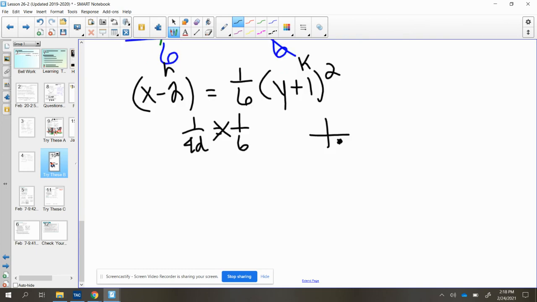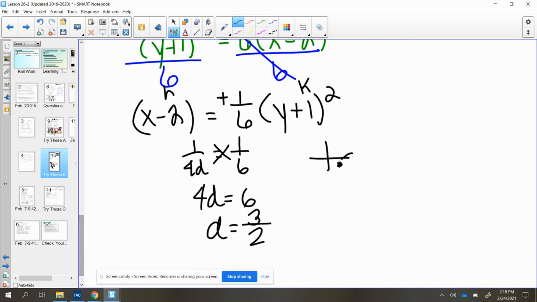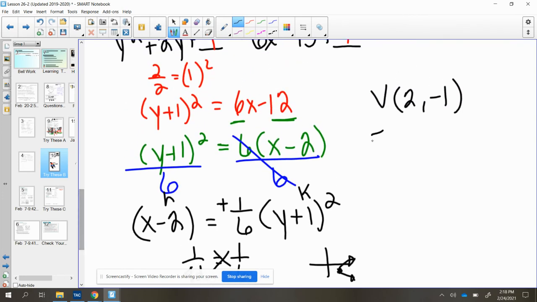So when we cross multiply, we end up with 4d equals 6. D is going to be 6 divided by 4, or 3/2, aka 1.5. Okay, so this one had a positive value, so we know we're opening to the right, and we would be moving to the right 1.5 from our vertex.